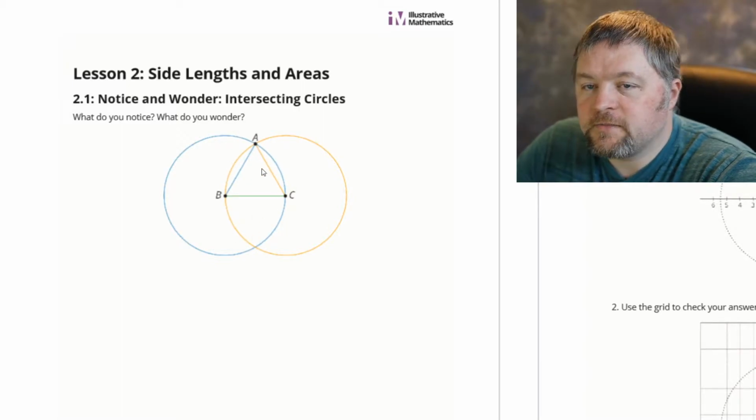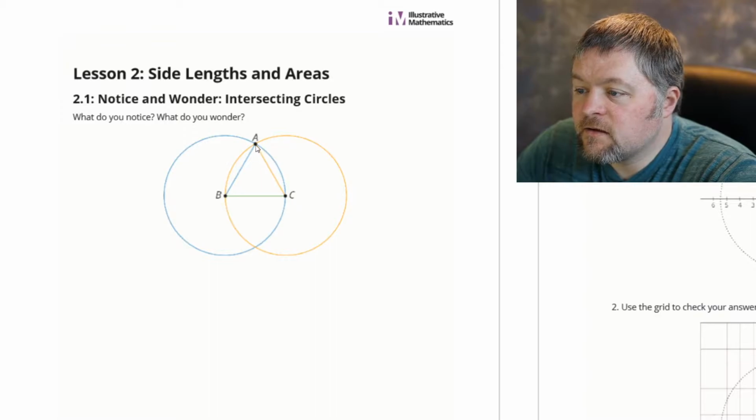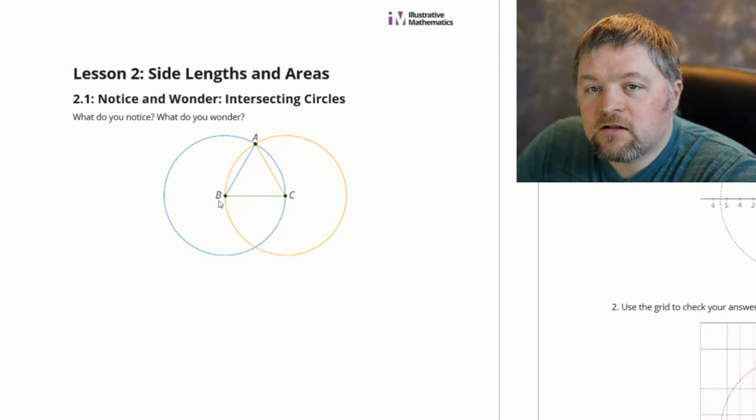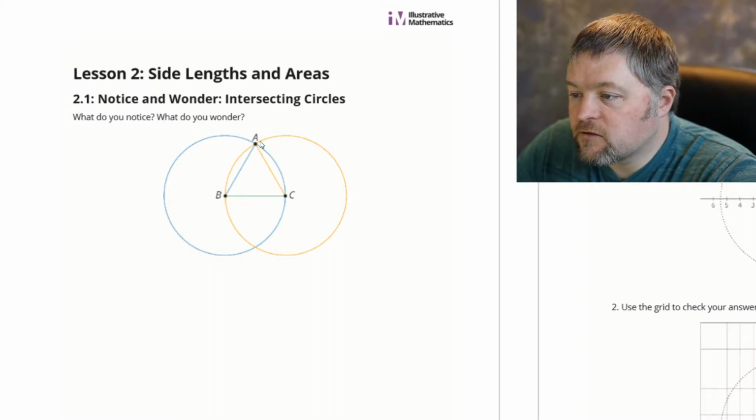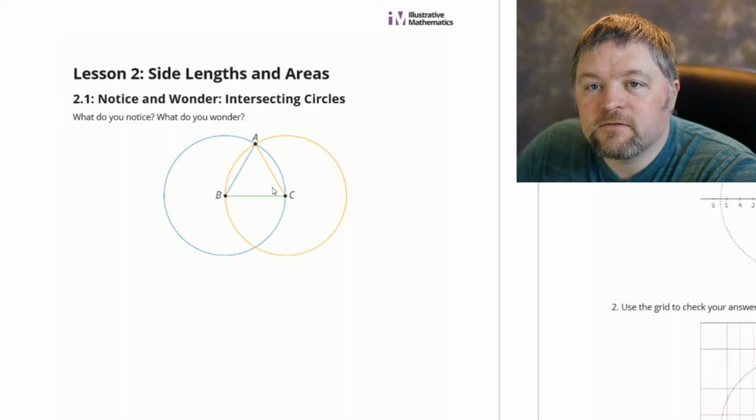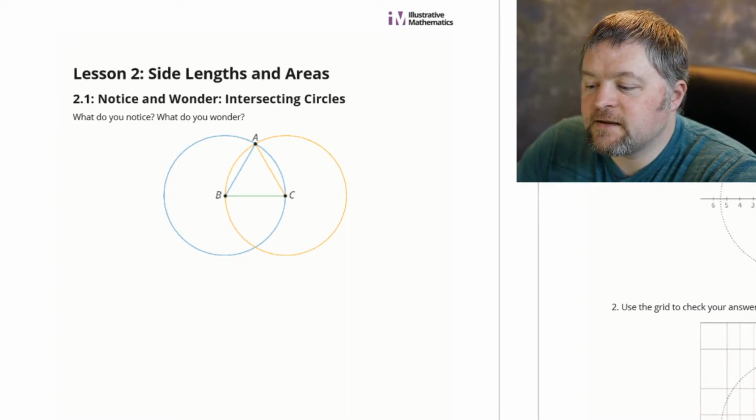A line can be part of more than one thing. And because all of these distances are the radius of the circles, that means this has to be an equilateral triangle because all three sides are the same length.